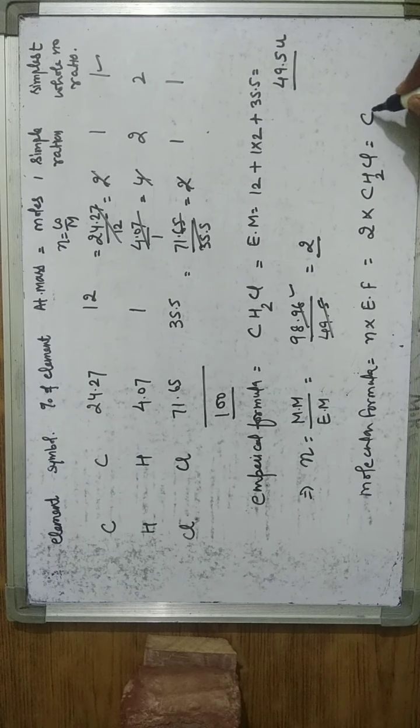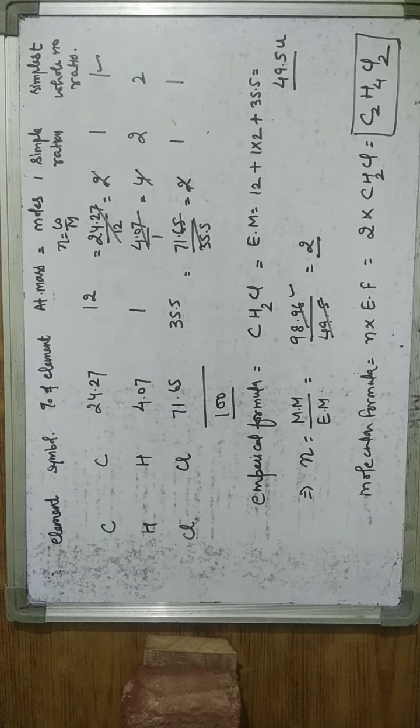It means C2H4Cl2. This is your molecular formula. This numerical problem shows you that you can easily calculate the empirical formula and molecular formula. By this you understand how we use the empirical formula to calculate the molecular formula.